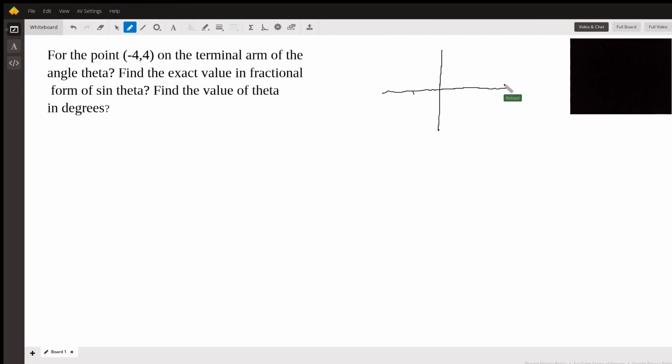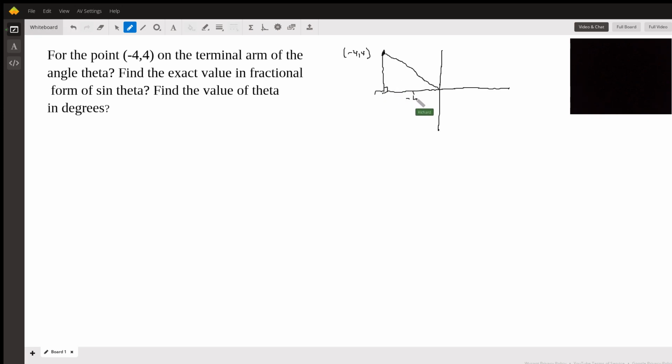And I'm starting to draw a diagram here. So we're interested in an angle which has a terminal arm at -4, 4. So let's pretend that's -4, 4. And we'll make a nice little right triangle here.